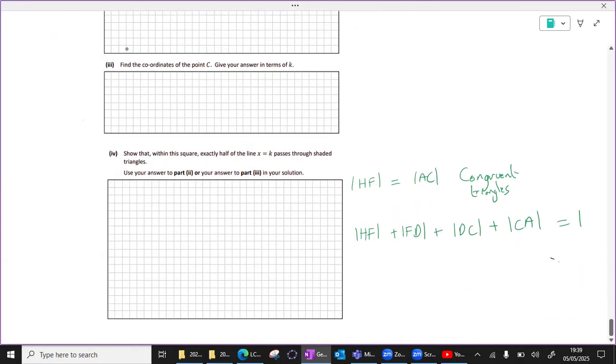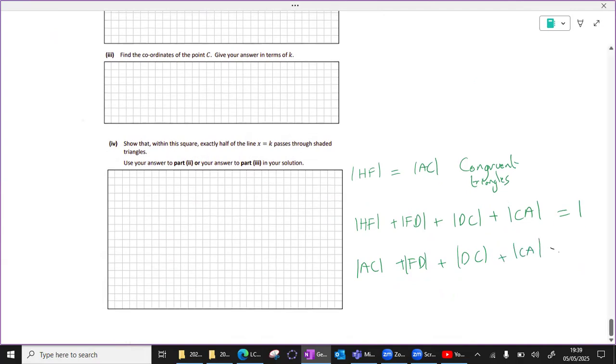And if we know that H and F and A and C are the same as each other, you could replace that in there as well. So that would be an AC or CA. DC and CA. So there's now really 2 of them.